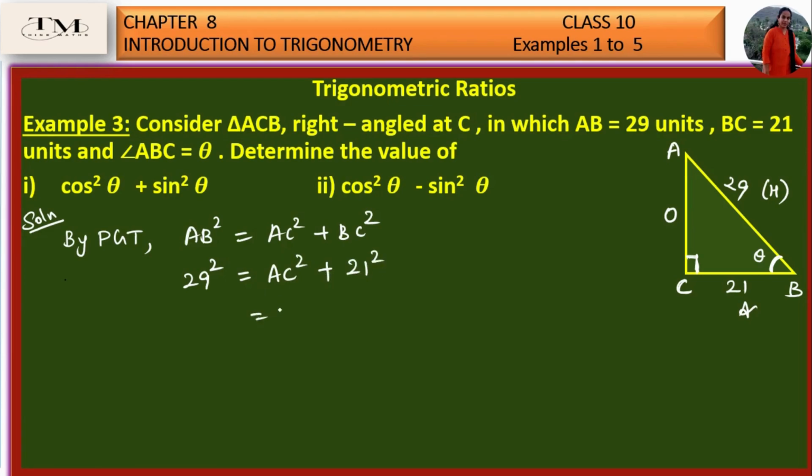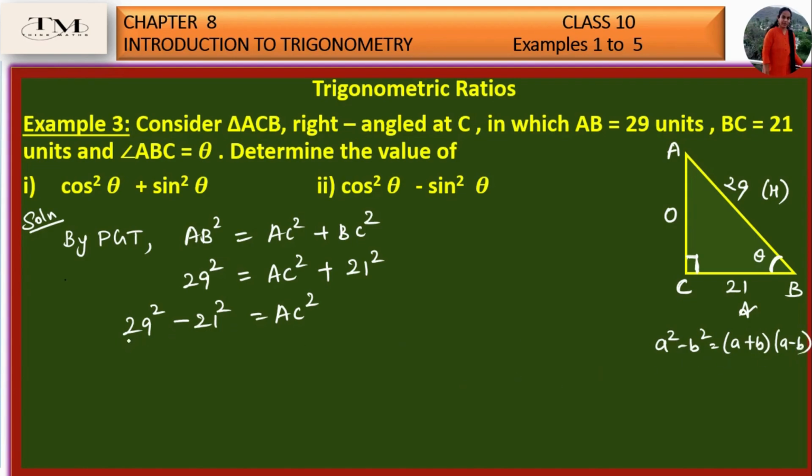We need to find out AC square, so keep this AC square as such. On the other side we have 29 square. This plus 21 square will become minus 21 square. So this is of the form A square minus B square. What is A square minus B square? It's nothing but A plus B into A minus B. I hope you can remember this formula.